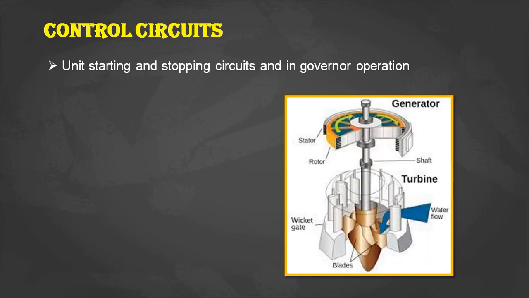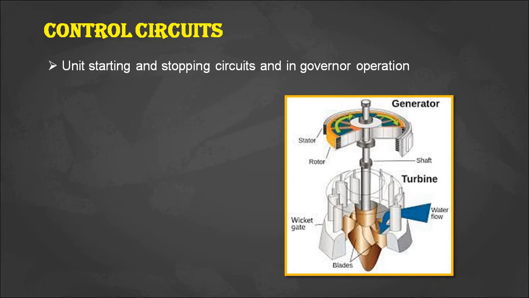First, coming to the control circuits, here I am taking a hydro generator as an example. In the case of generators, this emergency DC supply is used as the backup supply for the governor operation. The governor operates the wicket gates in case of unit starting and unit stopping, and for regulation of the load.